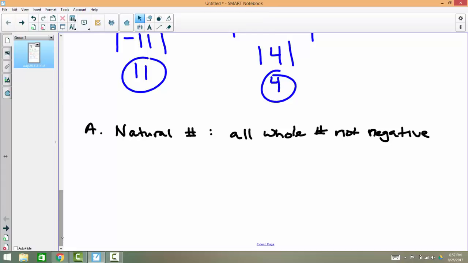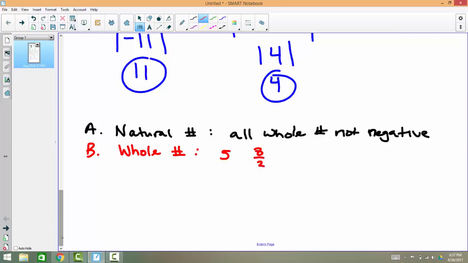Whole numbers: five is a whole number. 8 over 2, that's a whole number because that's equal to 4. 0 is a whole number. Basically, they are positive.